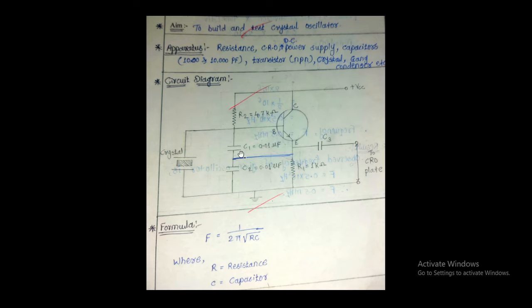Now for this particular crystal oscillator, we can calculate the frequency of the oscillator by using this formula: F equal to 1 upon 2 pi square root of RC. R is the resistance, C is the capacitance of the capacitor.